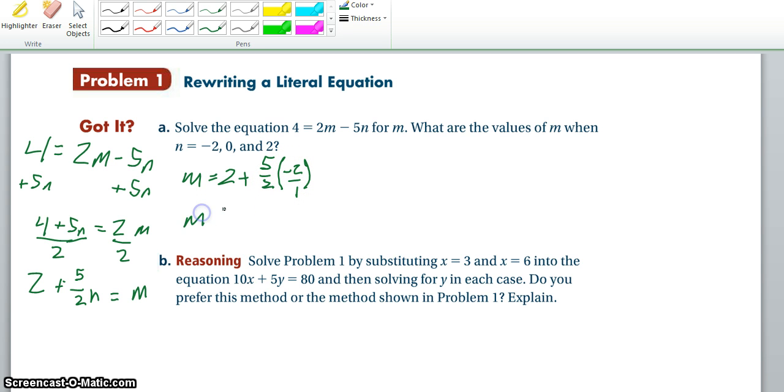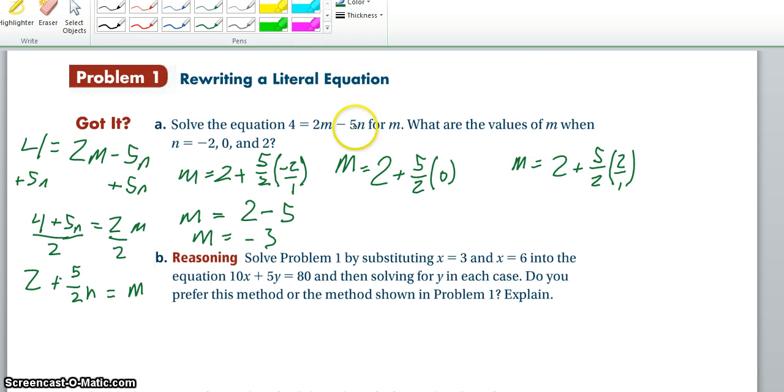So we have m is equal to 2, and the negative now took over with the 5. So it's 2 minus 5, and this one value for m, 2 minus 5, is in fact negative 3. So if you have not yet, take a moment, pause the video, and try to solve for the other two values of m, where n is 0 and 2.